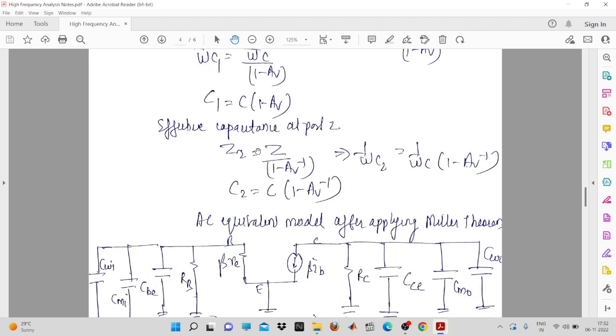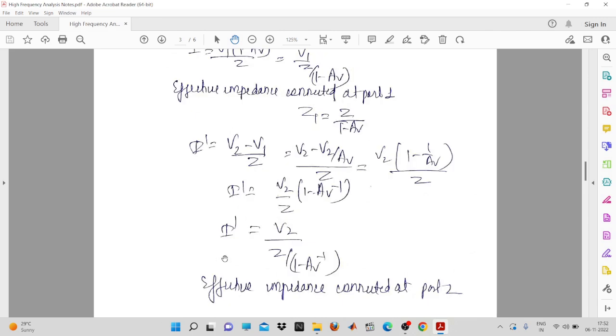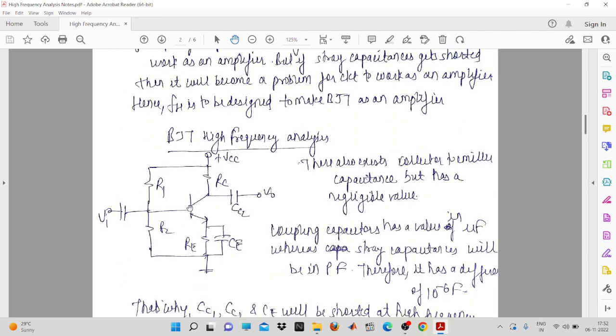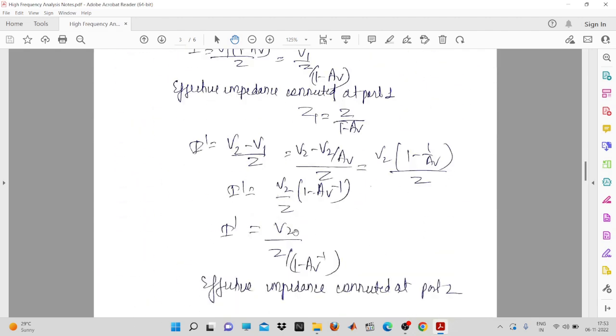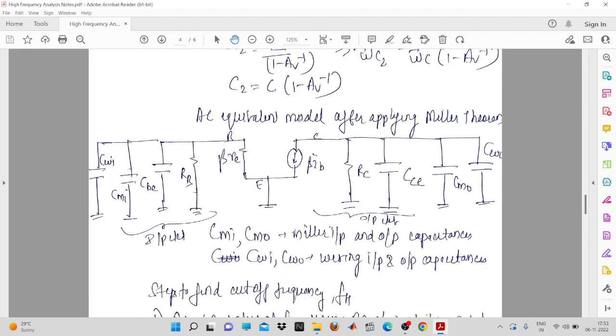So now what we have done, we have replaced this transistor by the RE model, like beta into RE and beta into IB. I think this one is clear to you. Then you have R1 parallel to R2, and RC is connected between the collector and the ground. Then you will have to place the capacitances. This is the diffusion capacitance.